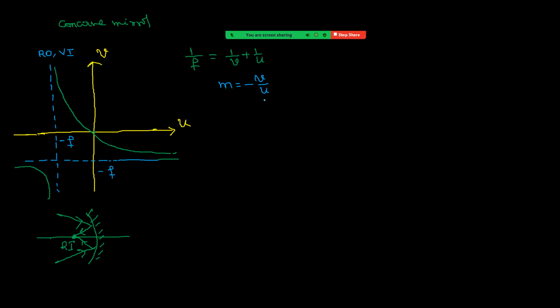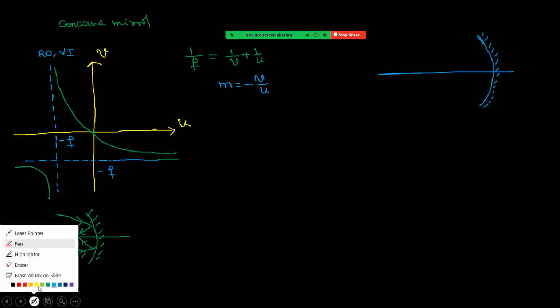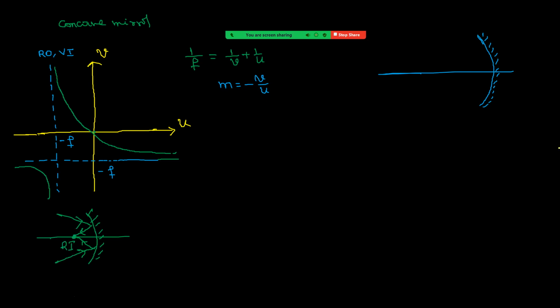So the total value is positive. So what does it mean? I will make a diagram here. This is now a concave mirror. And take here, this is now the pole, and this is the focus, and this is now the center of curvature.